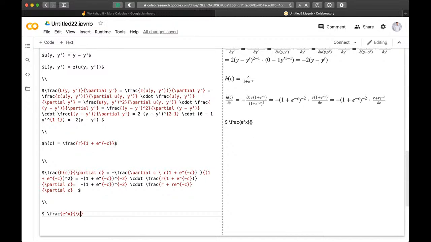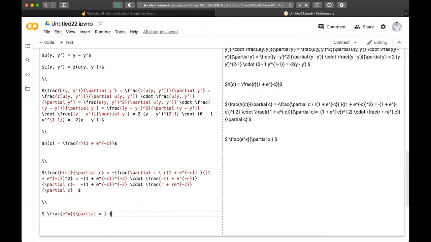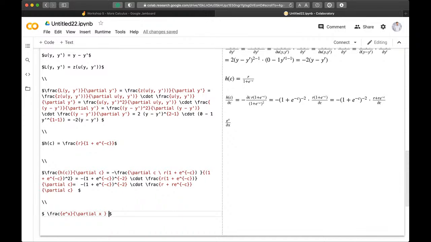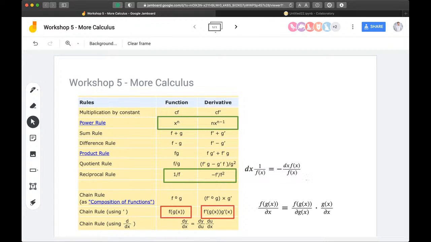So partial derivative over x. This is just a rule: if you derive e to the x, then this is again e to the x. So you can just drop the derivative basically. That is kind of nice. So let's write this rule. But then there is one tricky thing, because there is a minus there in the exponent.